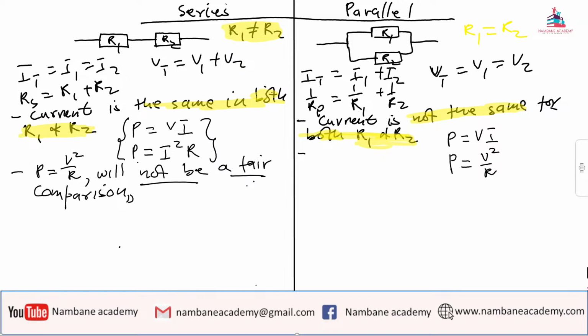So in this instance of resistors in series, the only thing that is constant is the current passing through R1 and R2, the same current through R. It will not be a fair comparison, the reason being both V and R change.